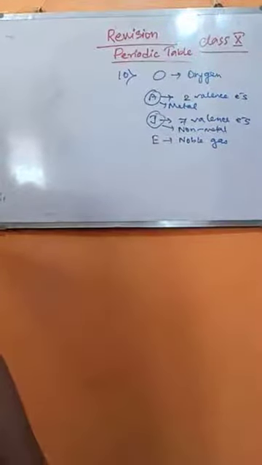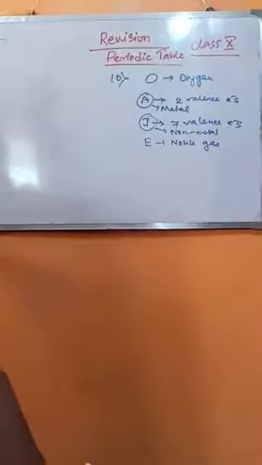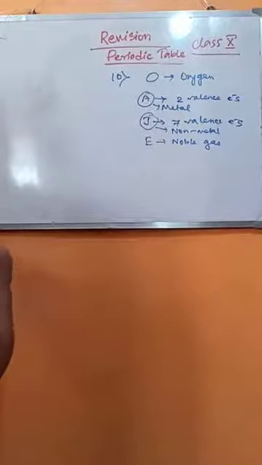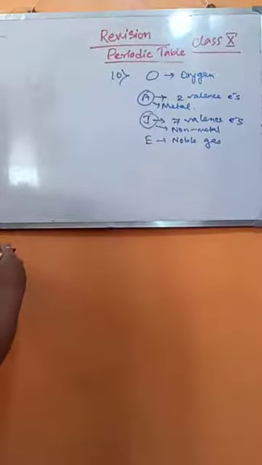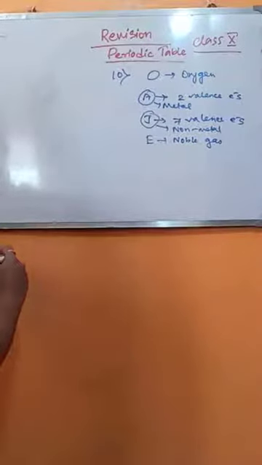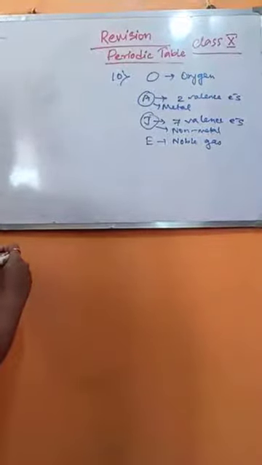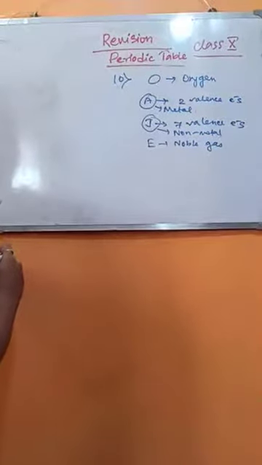And left, what is left? Left is D. D is present in group 13. Now in group 13 D is present, it is having 3 valence electrons.